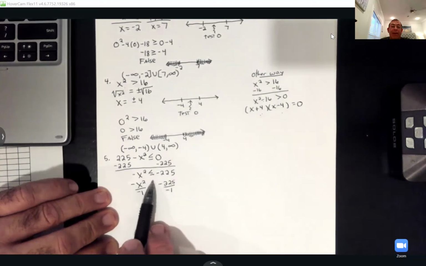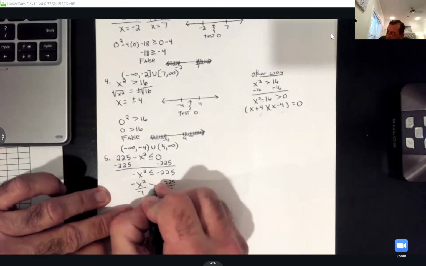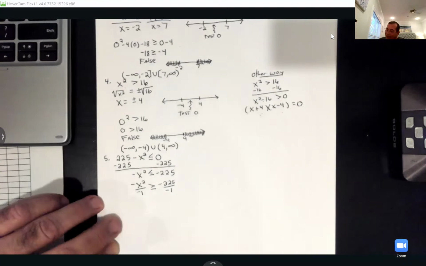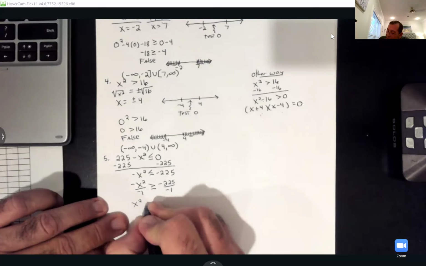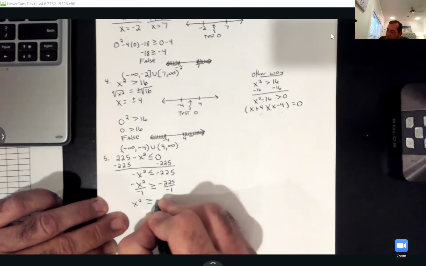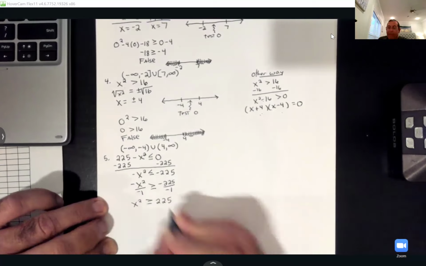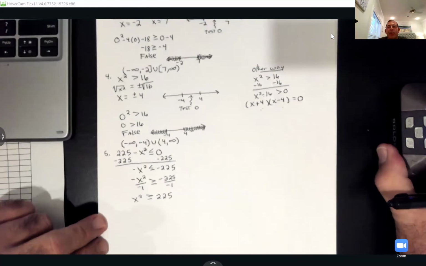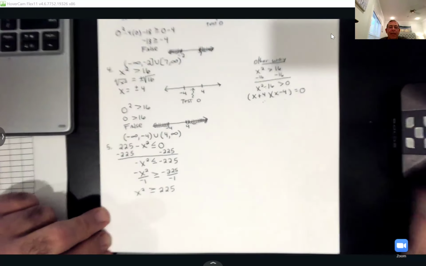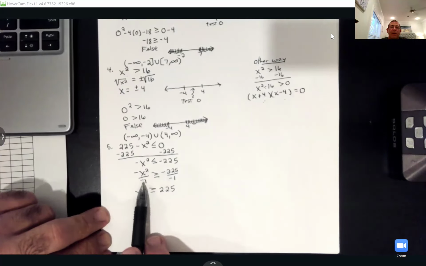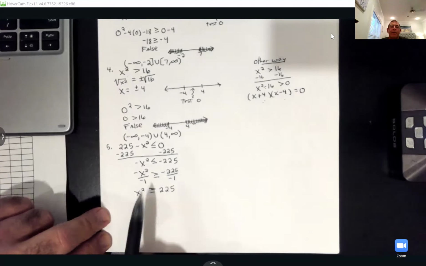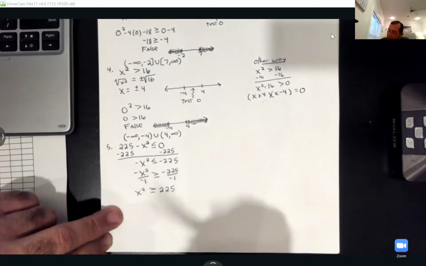Good job, because we're dividing by negative, we're going to flip that around. So that x squared is actually greater than or equal to 225. So that's the trick. Y'all do what you said. Get the x squared by itself and then divide by that negative, which means this changes.